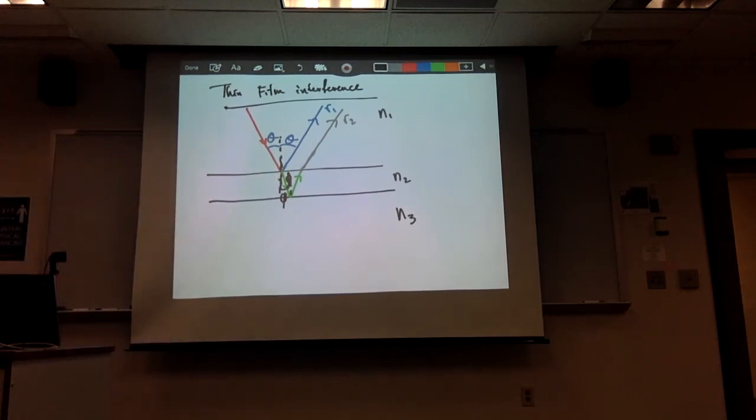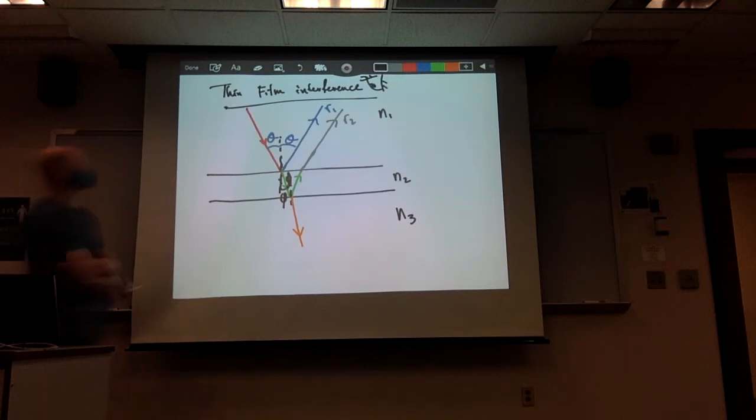Ultimately, I am going to get some transmission down through here. Let's use yellow. This is going to go down into medium number 3, but ultimately we don't care about that. Now, my eye is going to be sitting somewhere out here, looking at what actually happens.